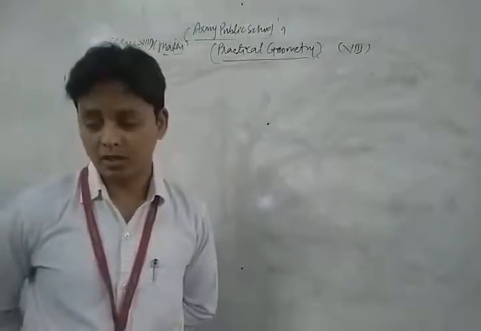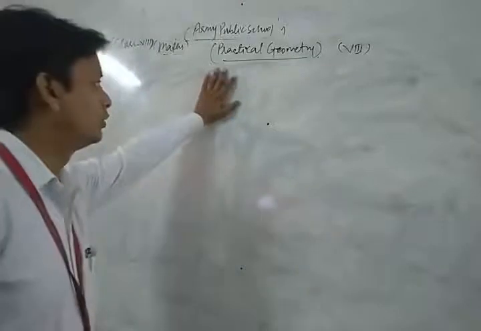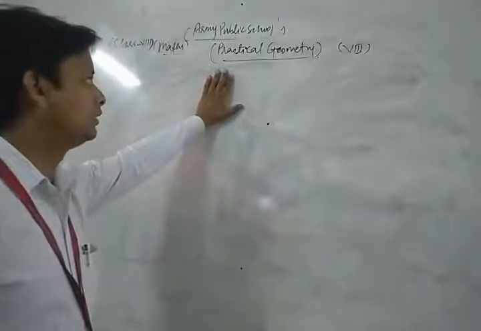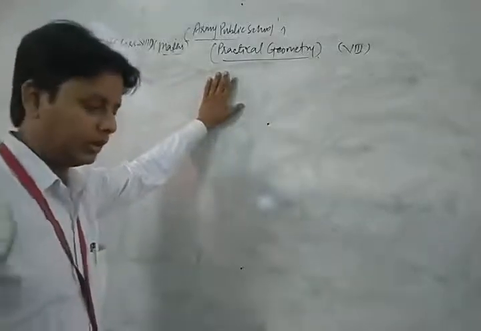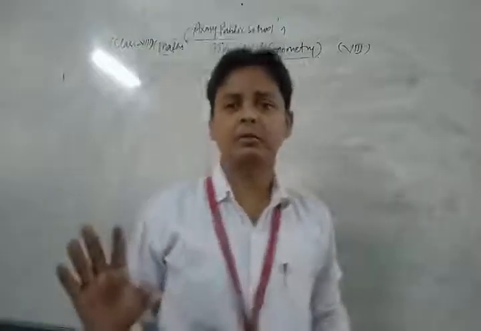Okay dear students, now in this class we are going to start a very important chapter of your syllabus, which is practical geometry. Dear students, this is a very interesting and easy chapter.